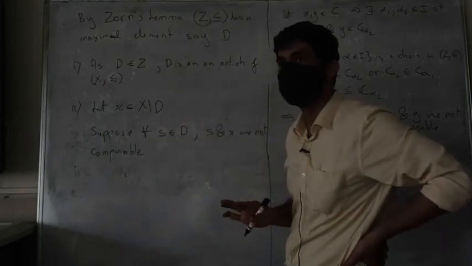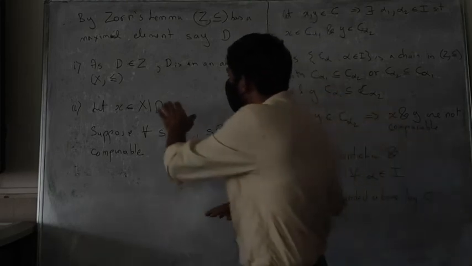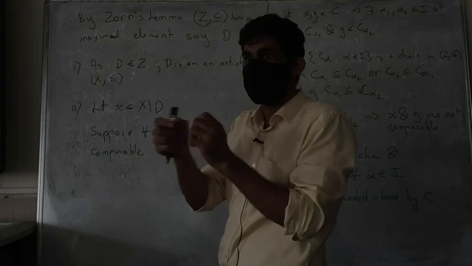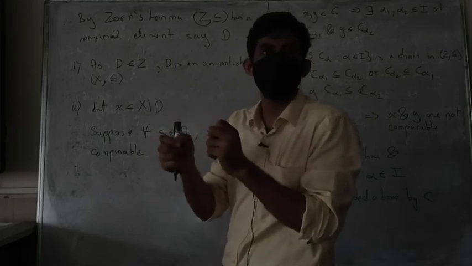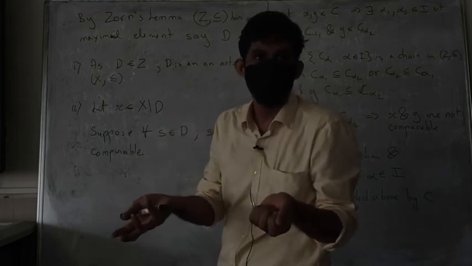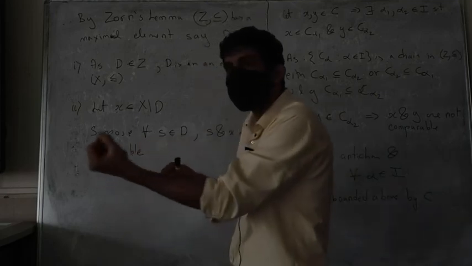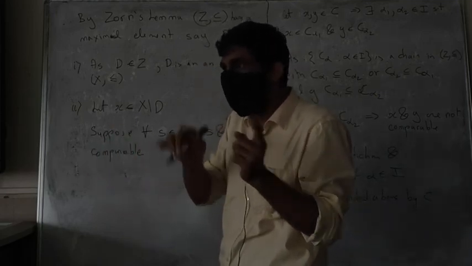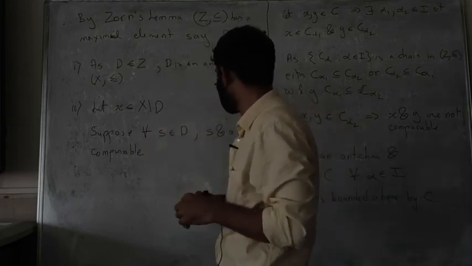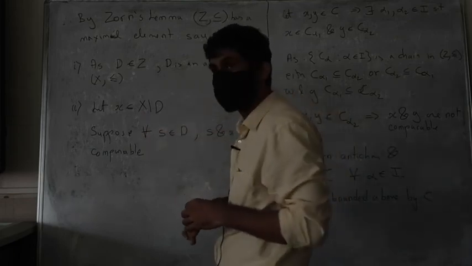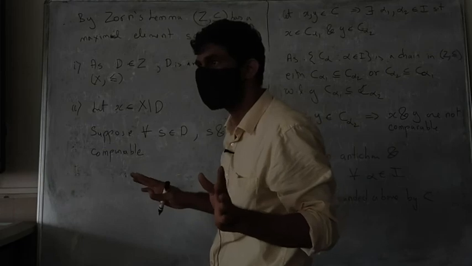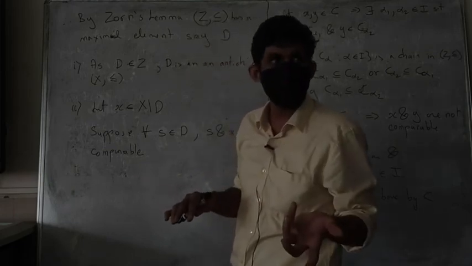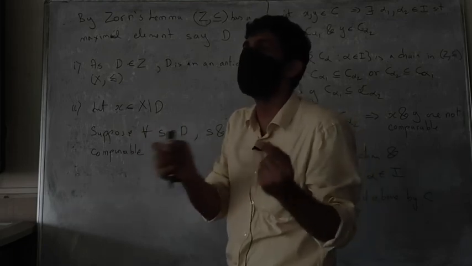We know that all elements of D are not comparable with each other because that's an anti-chain. Also, X is not comparable with any of these elements. So in D union X, no two elements are comparable.